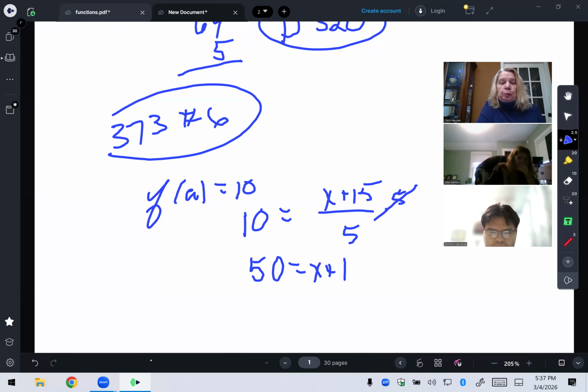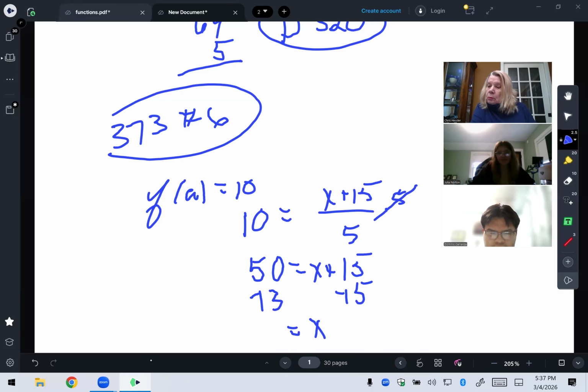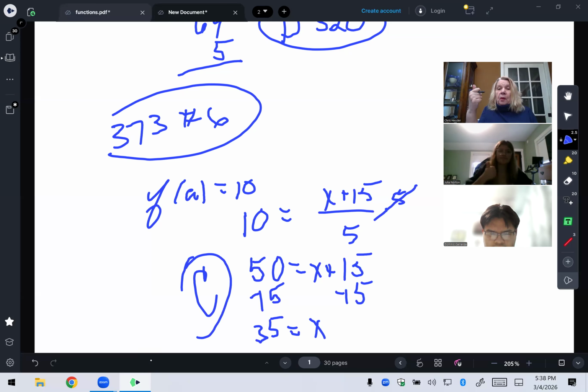Subtract the 15, and x will be, let's see what I did wrong here. Oh, I'm subtracting 15. So x is 35. Is that good? Dominic, good? Okay, let's go to another one.